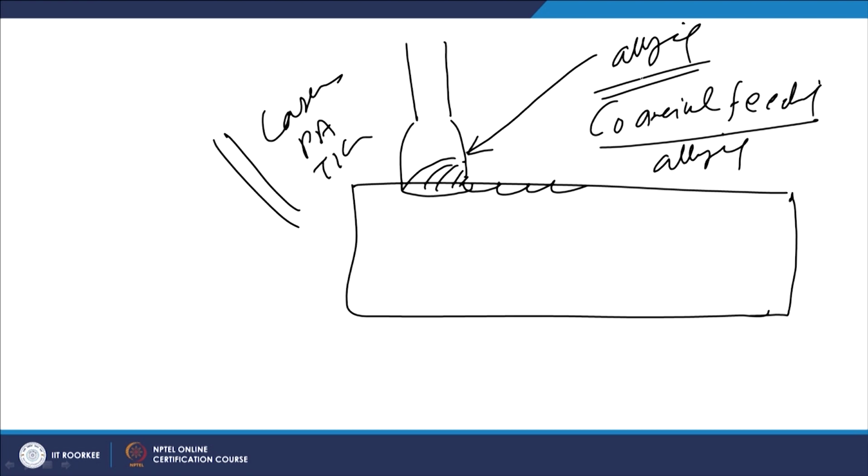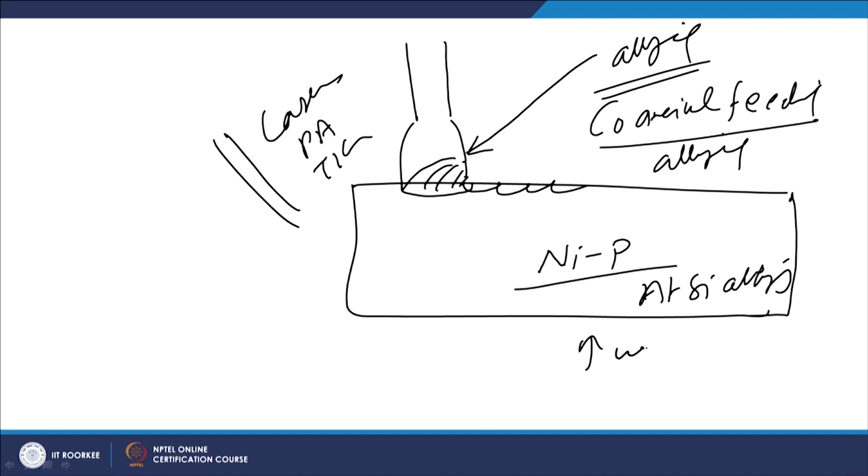One typical example for this kind of modification is where a nickel phosphorus layer is applied on the surface of an aluminum silicon alloy substrate for increasing the wear resistance.